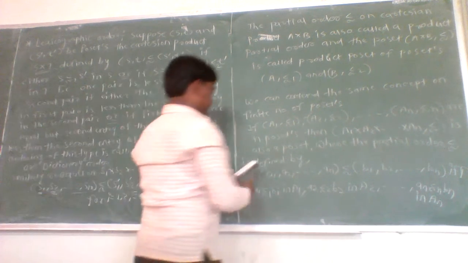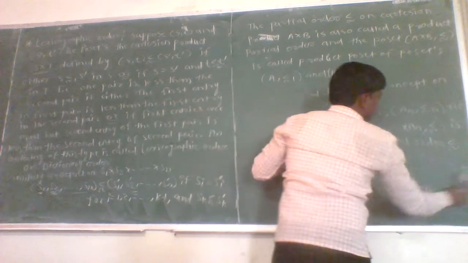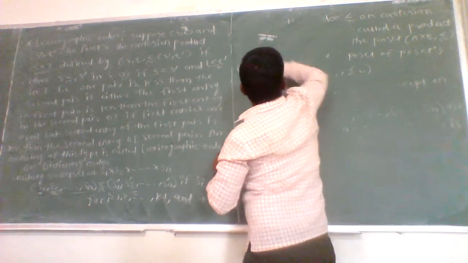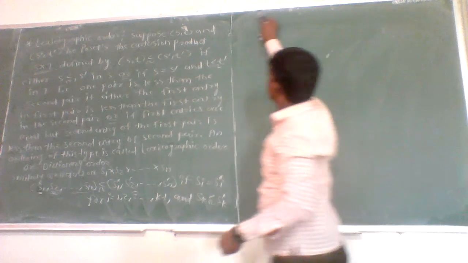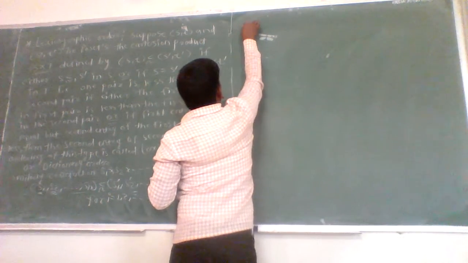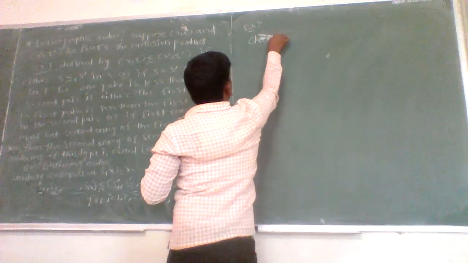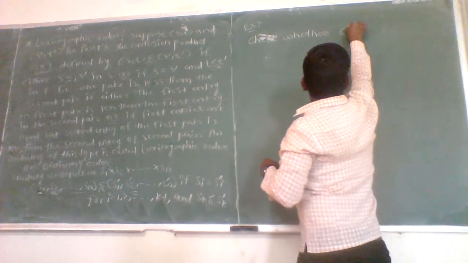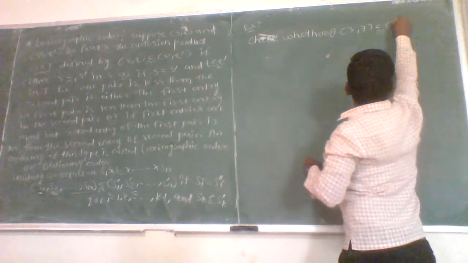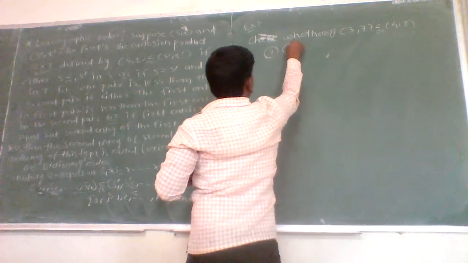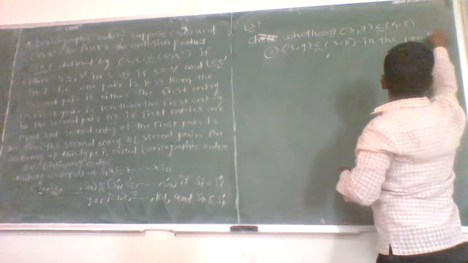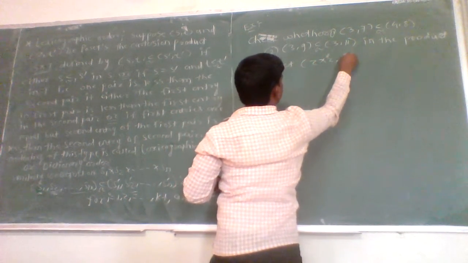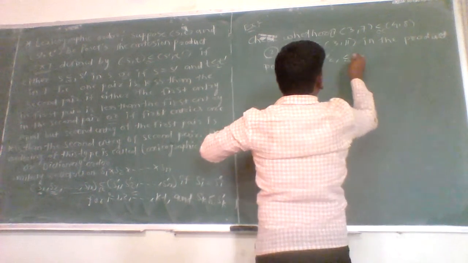Okay, now let us take one example. Check whether the ordered pair (3, 7) precedes (4, 8), and (3, 9) precedes (3, 11) in the poset Z cross Z with relation less than or equal to.